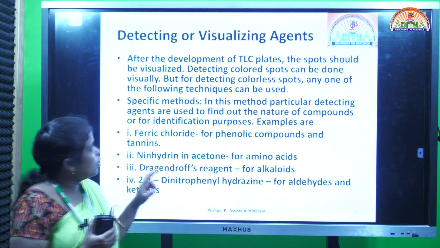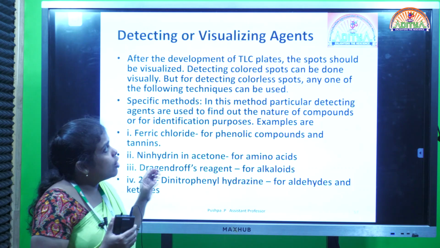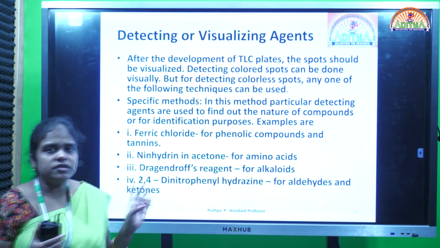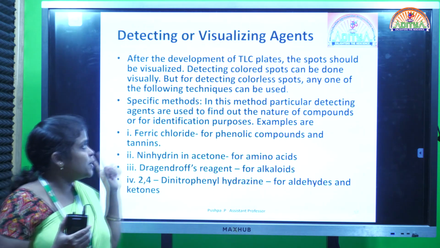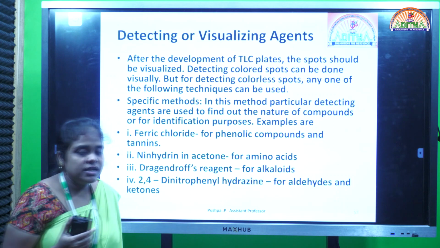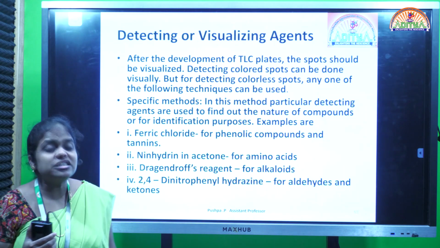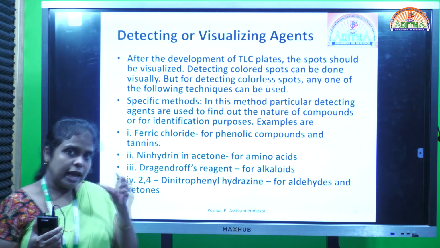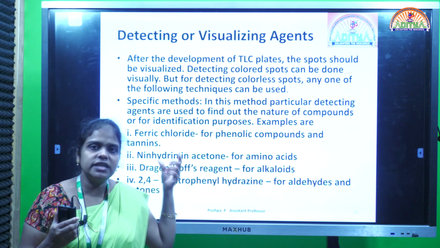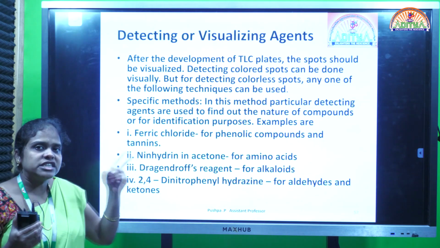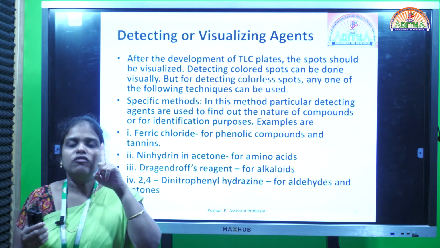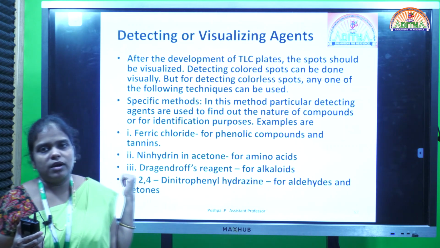For the detection of non-colored or colorless spots, we have two types of detection methods. One is the specific method and another is the non-specific method. Specific method means, as the name itself says, this detecting agent is used specifically only for one type of compound.